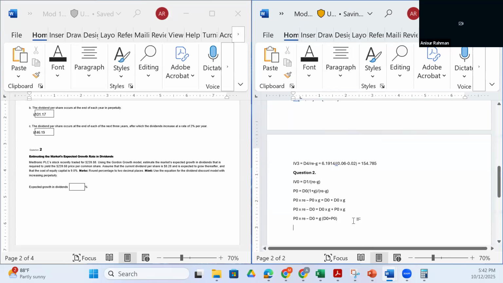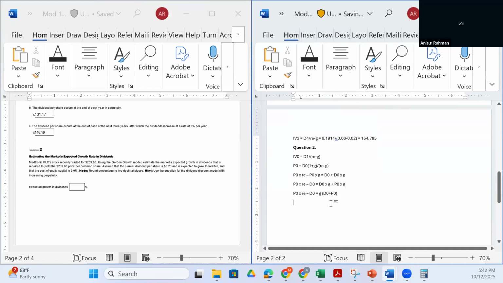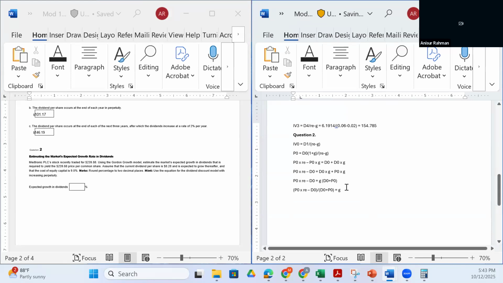And then we are going to divide both sides by D0 plus P0. So that is our value of G. So a little bit of algebraic manipulation here to get to our intended G.